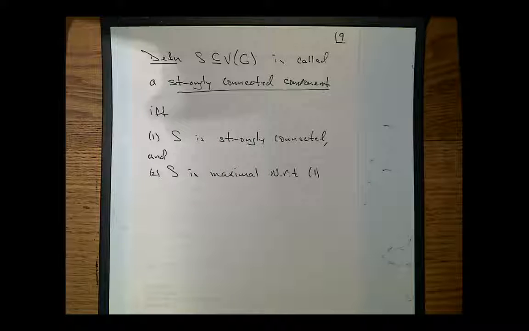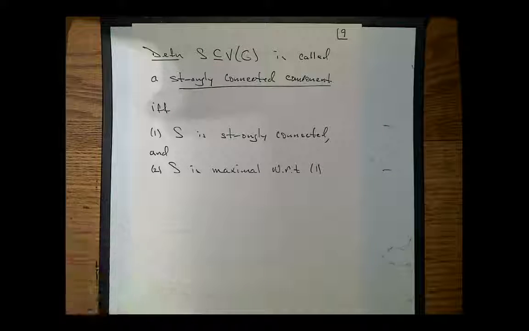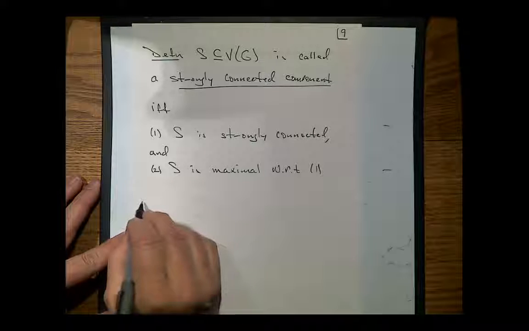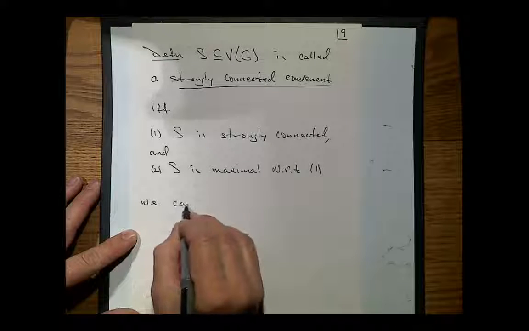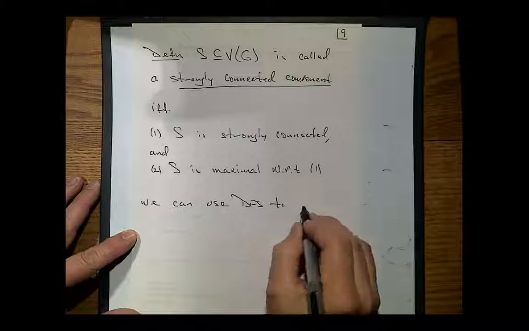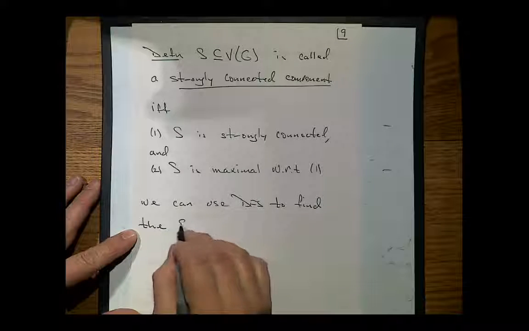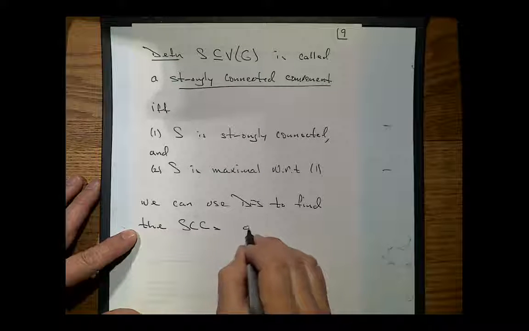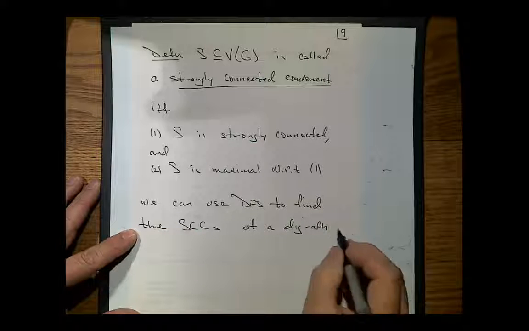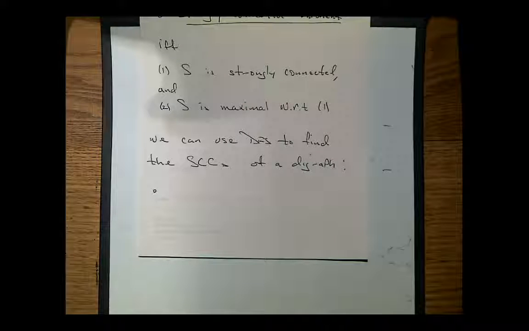Okay, so let's at least state how to do this, and then I don't think I'll have time for an example, but I'll at least state it. We can use DFS to find the strongly connected components of a digraph. How? Again, it's sort of a meta algorithm. I'll just give a bulleted list of things.